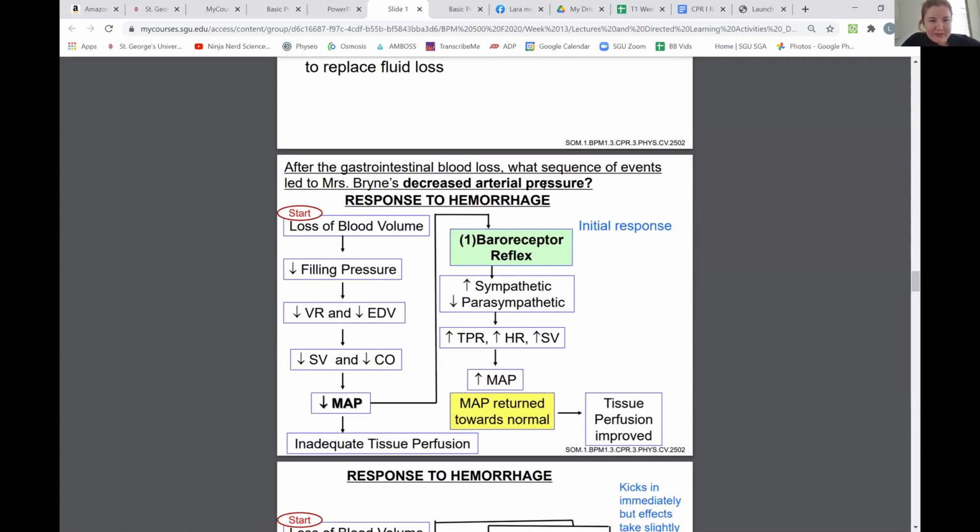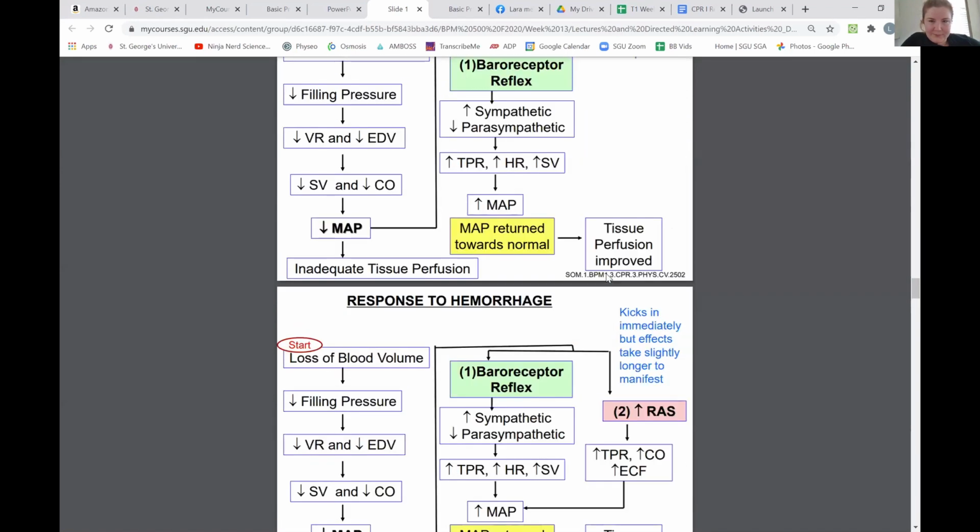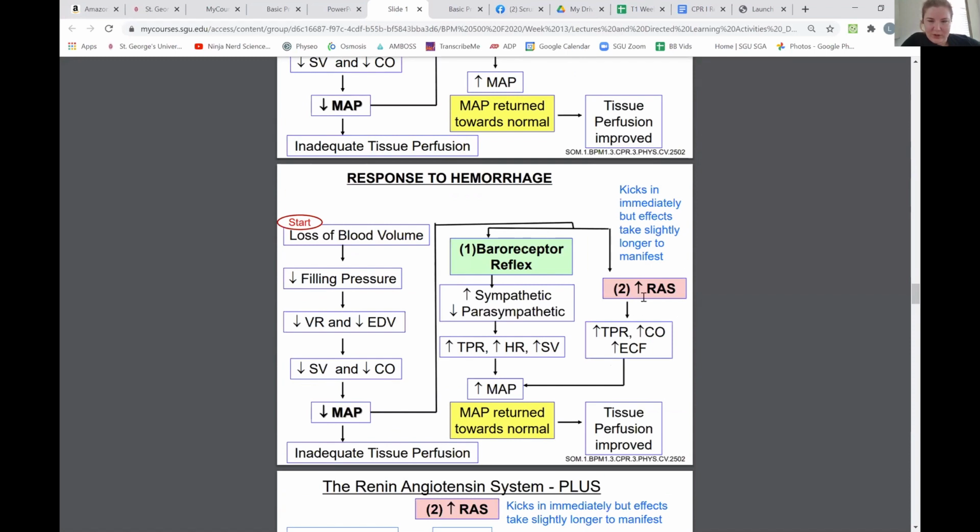So remember, initial response is the baroreceptor response. This doesn't last long because this only lasts for like 1 to 2 days, but that's what that does. Yeah, so RAS is going to be more your long term.